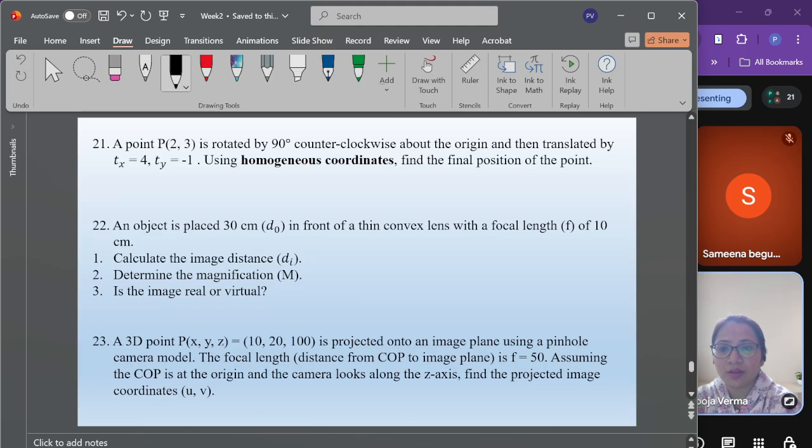Okay. So now we will solve some numerical problems. These are basic numerical problems as well. As you can see, here are three questions. Can you solve with me? These are basic questions based on the transformation matrix.